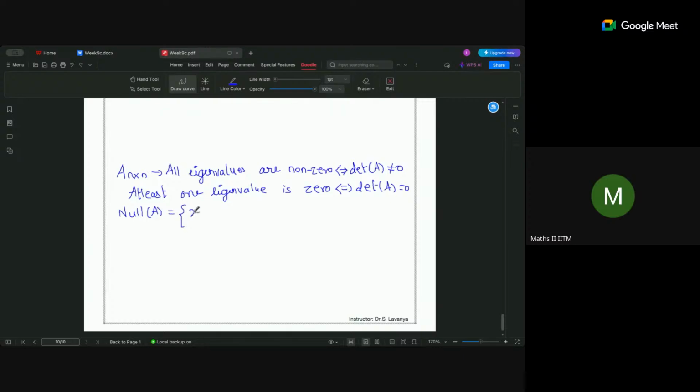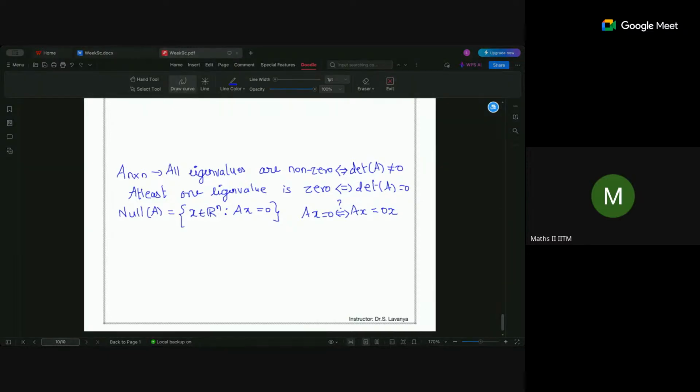It is the set of all x in Rn such that Ax is equal to 0. Can it also mean Ax is equal to 0x? Is it the same as this? Does it change anything? Are they same?